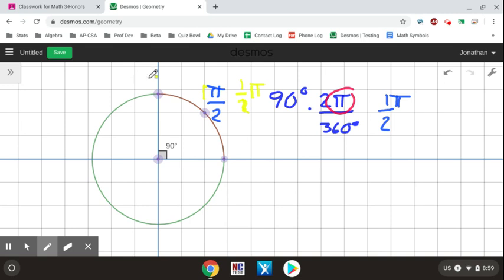Let's do one more going degrees to radians to be sure everybody has this. Let's make this one a little bit big. So let's go with maybe 100 and... Okay, it's measuring this angle at 150 degrees, but the angle measure of the arc is actually around on this side, which would be 210, because if I took the 150, the green arc, plus the 210, that would make 360.